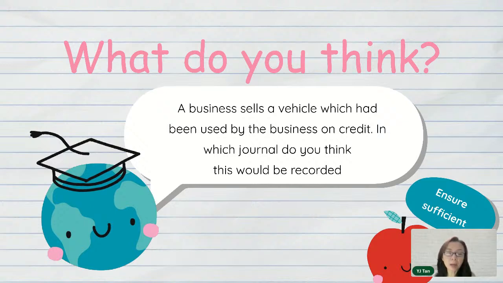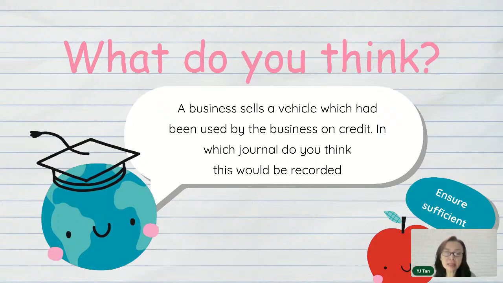Bear in mind that this is not considered a sale, because the vehicle you purchased for your own use is an asset. You did not purchase the vehicle for resale. So we don't record it in the sales ledger, and we don't record it in the sales journal.